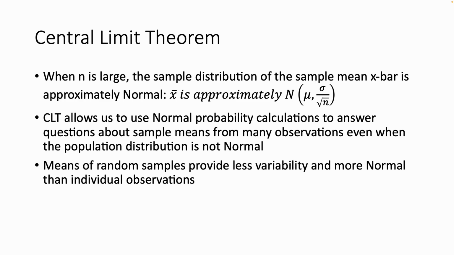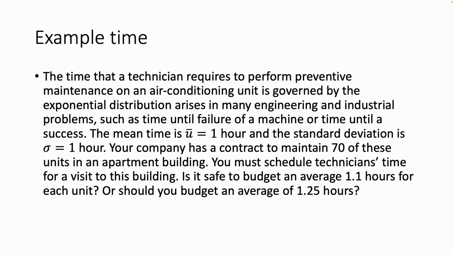Okay, so I have another example to run through here. Let's say we're talking once again about what we can do with the information here. We're going to look at the time a technician is required to perform preventative maintenance on an air conditioning unit.